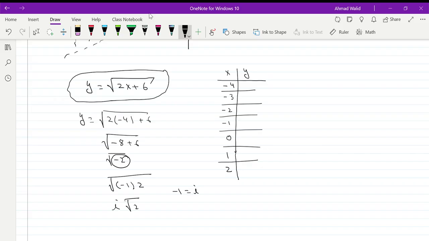It's not a real number, it's an imaginary number. Then negative 4 is a problem. If I plug in negative 4 there, I cannot show where is i radical 2 on the number line. Can you show me on a number line where is i radical 2?